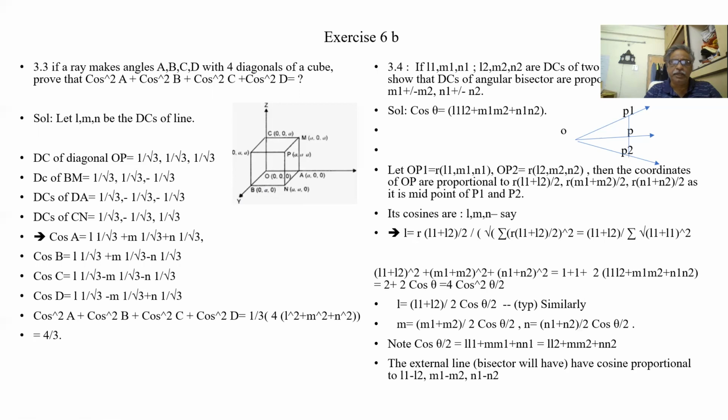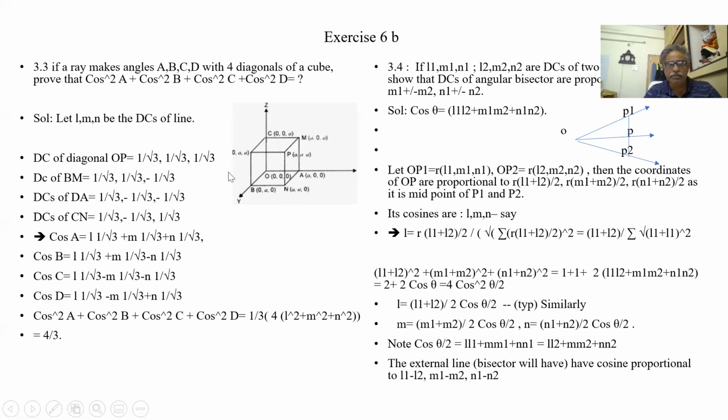Similarly, DA. Let us assume this is the Z axis. X, Y, Z slightly changed here, but they come back. So this is of DA. This is D and A. Here X is positive, 1 by root 3. Y is negative, minus 1 by root 3.